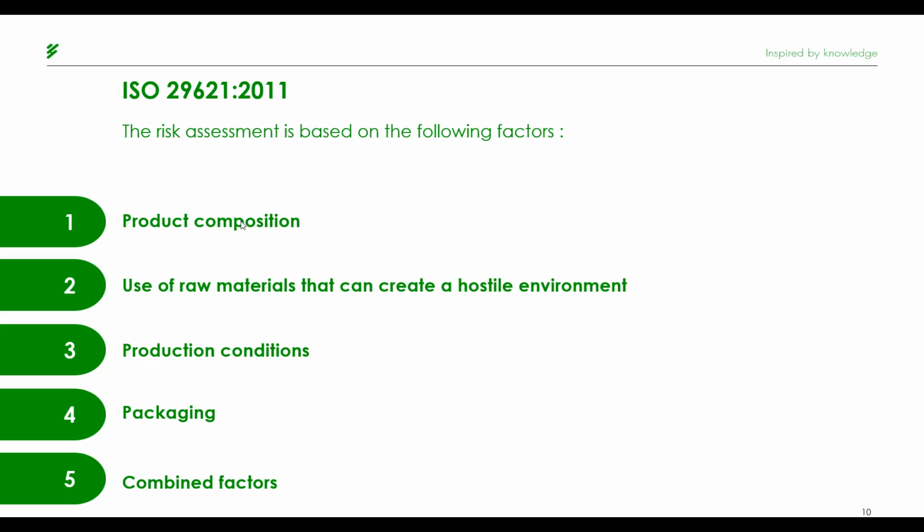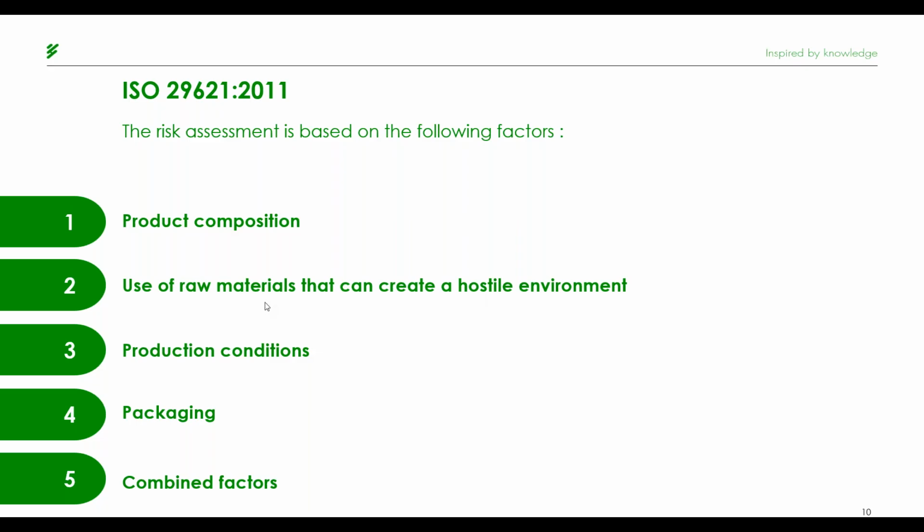First of all, the product composition. This is important because every product has its own characteristics, and some factors such as the pH value and the activity of water of the cosmetic product might interfere with the potential growth of microorganisms in the product. Also, the use of raw materials that can create a hostile environment can interfere with the growth of microorganisms.